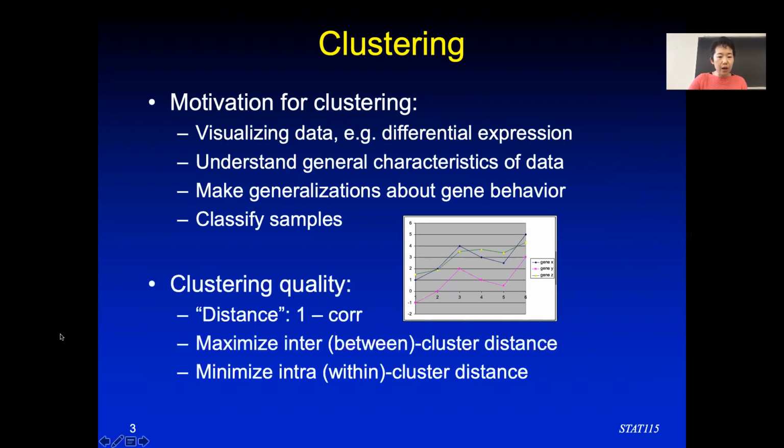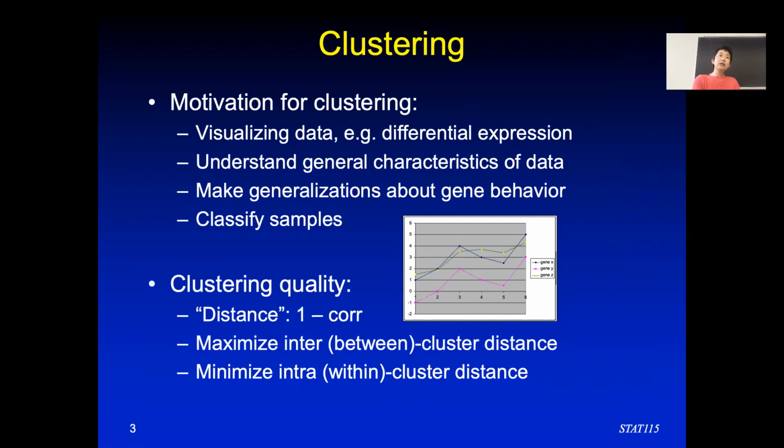When we decide to do clustering, there are two goals. As we mentioned, we want to put the samples or genes that are closer to each other next to each other on the heat map. So how do you call something close? We need a way to calculate distance. A very intuitive way to calculate distance is by correlation.